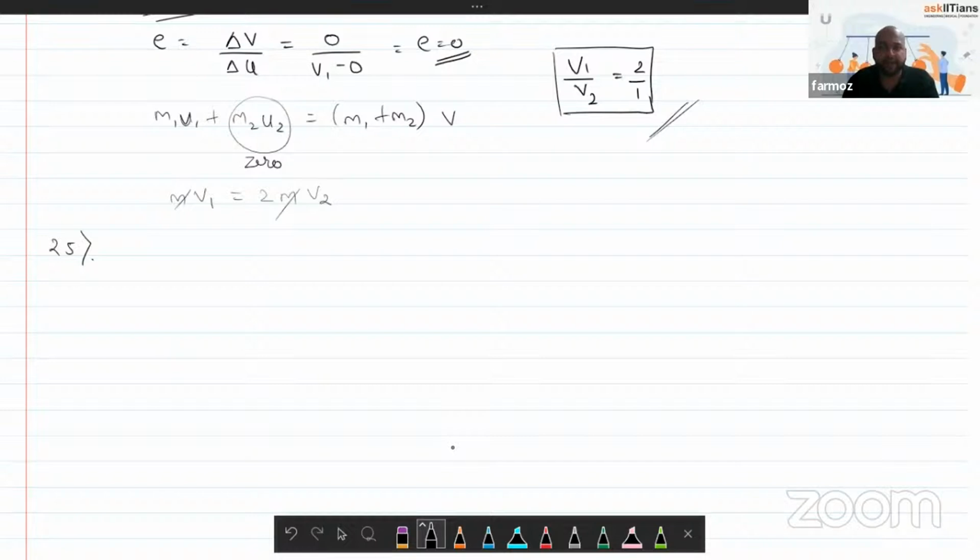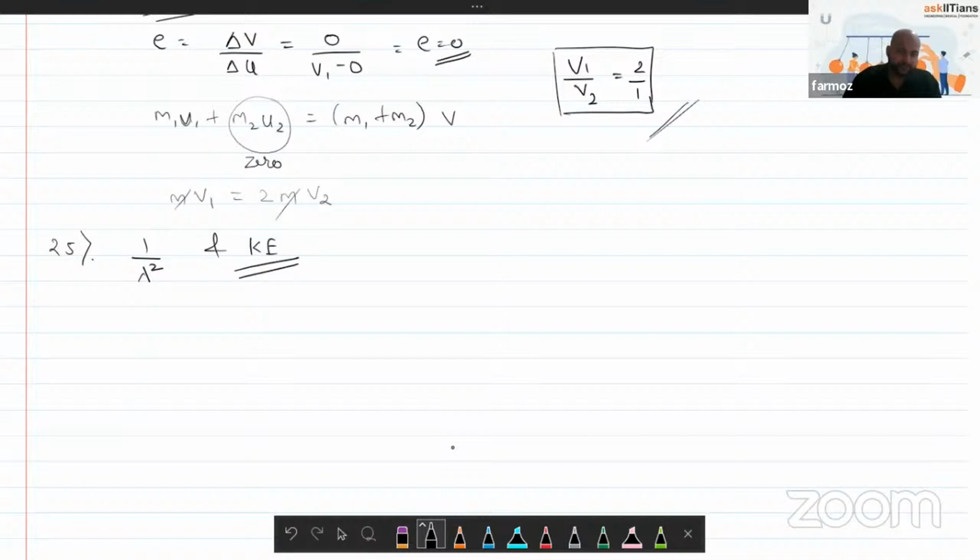We have shown a graph, and the graph is 1 upon lambda square and kinetic energy, where E is kinetic energy and lambda is de Broglie's wavelength of a free particle.